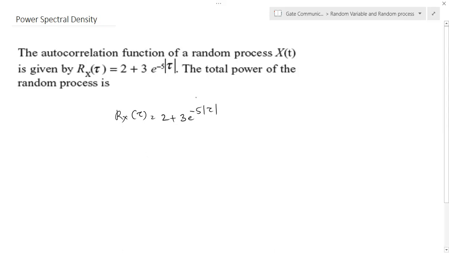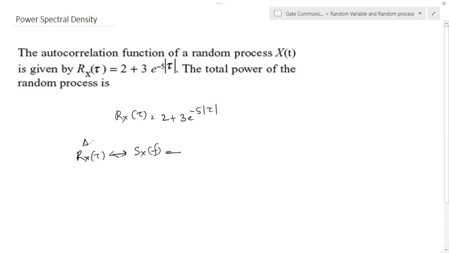So actually the total power, you can calculate Sx of f. If you know the power spectral density, you can calculate the total power. So Sx of f is actually the Fourier transform of Rx of tau.